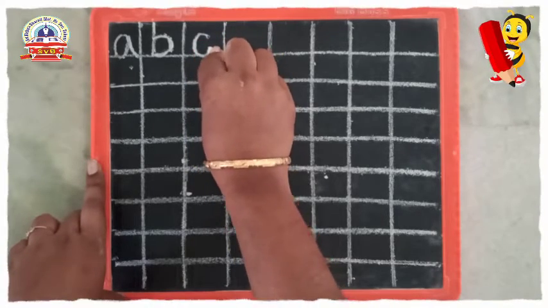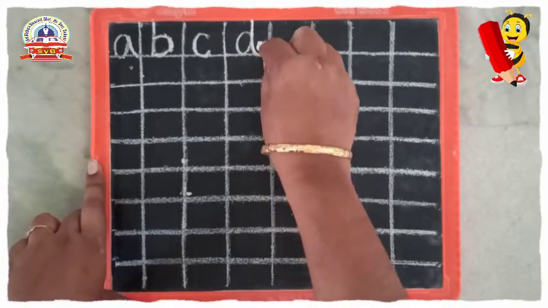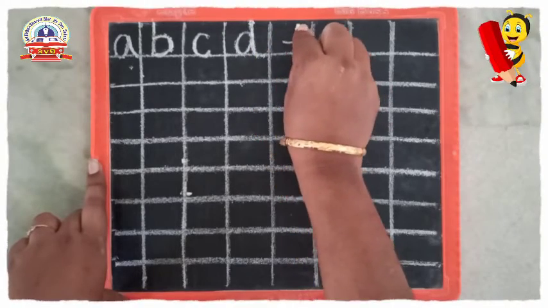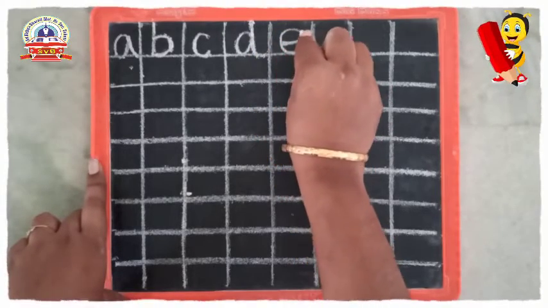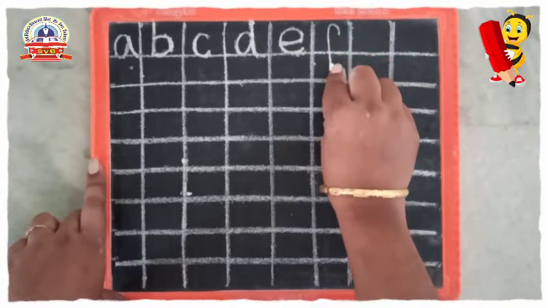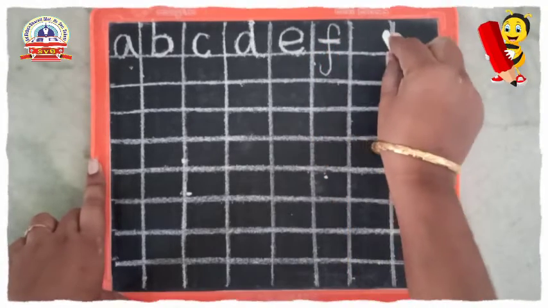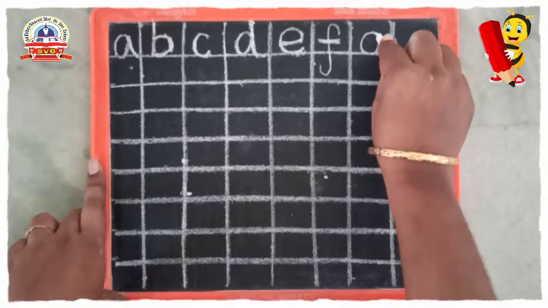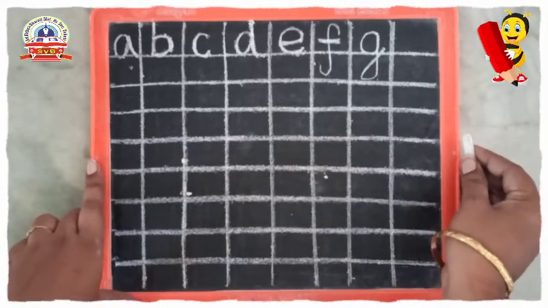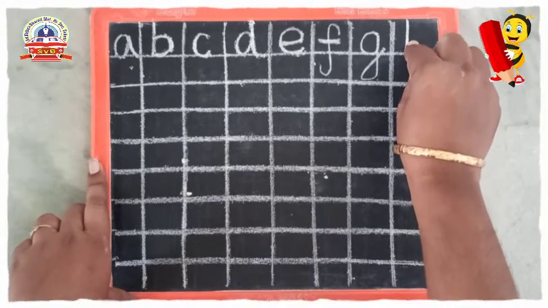Next comes Ig. Ye. Next comes If. Then Ig. Next comes Ha.